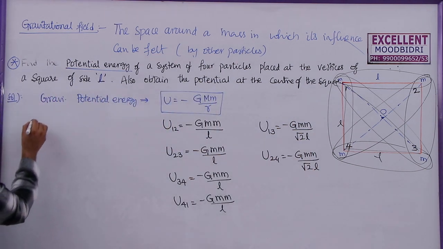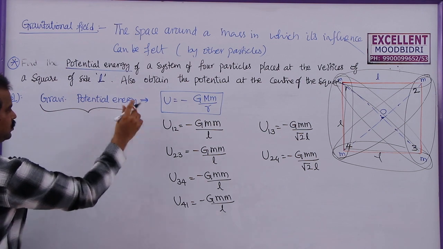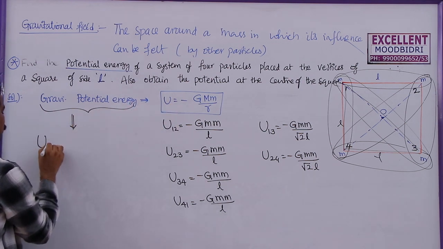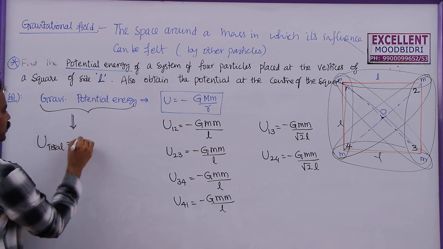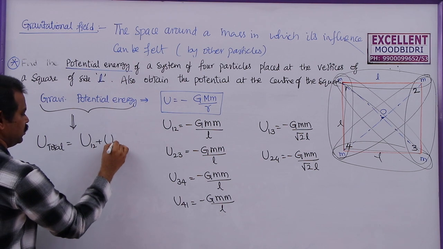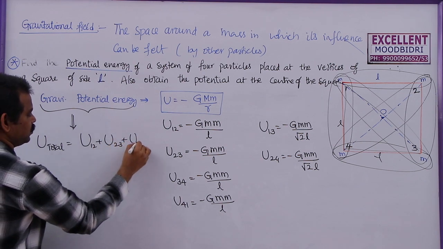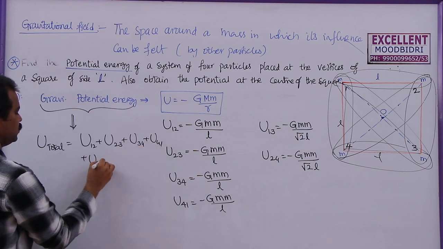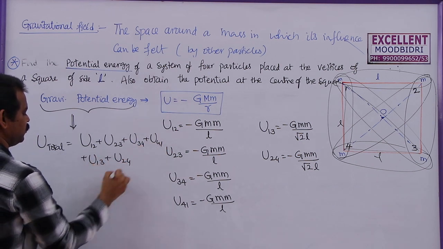So what is the total gravitational potential energy of the system? The total potential energy is given by the potential energy of 1, 2, 2, 3, 3, 4, 4, 1, 1, 3, and between 2 and 4.